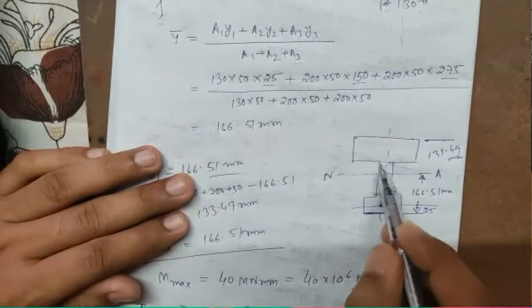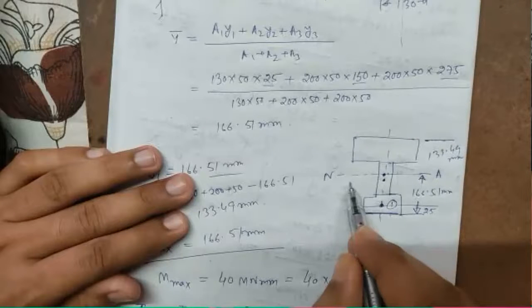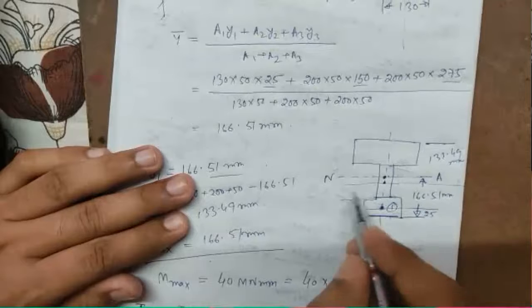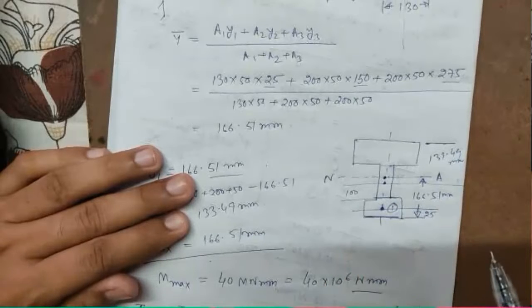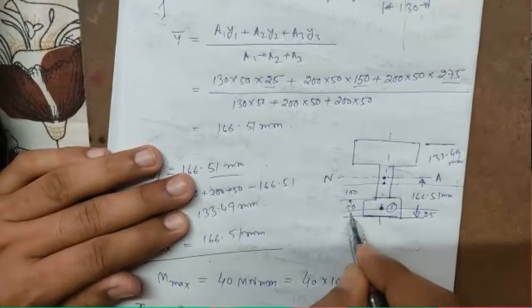So its own centroidal axis will be at the middle, and this much section will be 100, and this much section is 50.